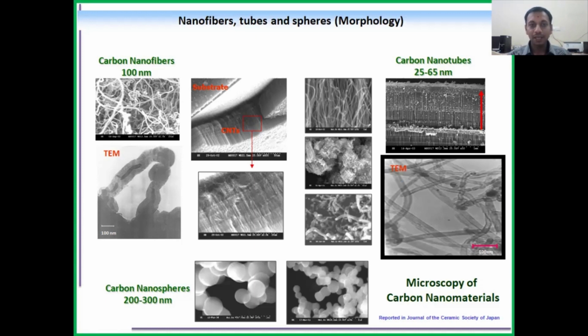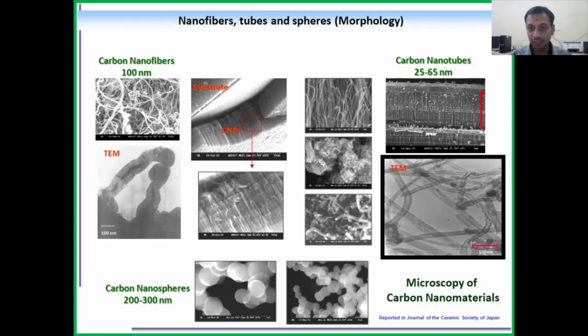That's why by using SEM we can see the nano size formation, but whether the hollow core is inside or not, to confirm that, we have to do the transmission electron microscopy analysis. In this way, we can get the idea whether the tubular structure is there or not for the same nanotube which we observed under the SEM. So we can tell whether it is a fiber, not hollow inside, or hollow inside.